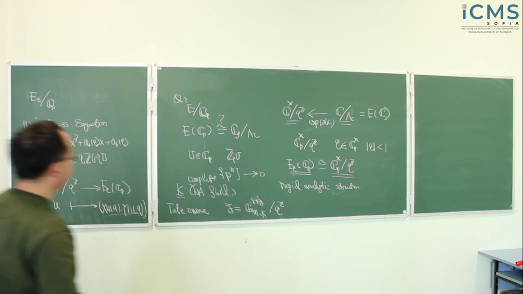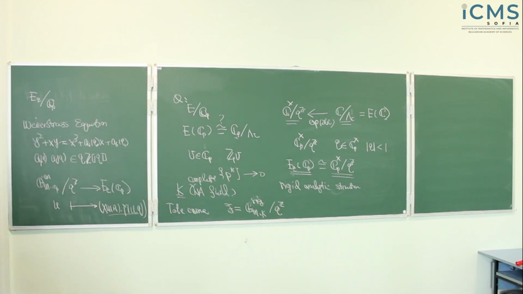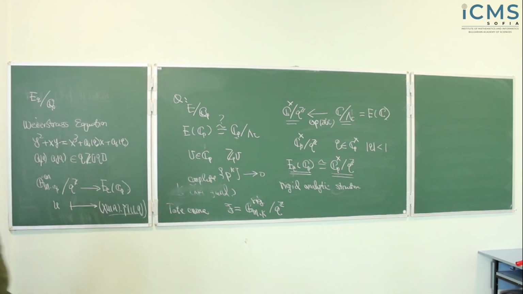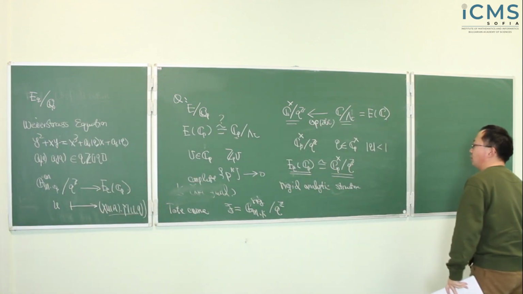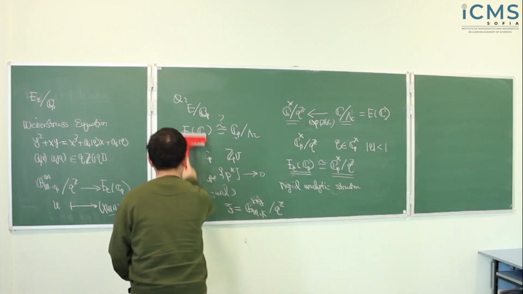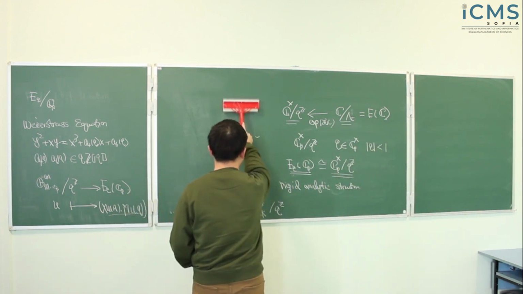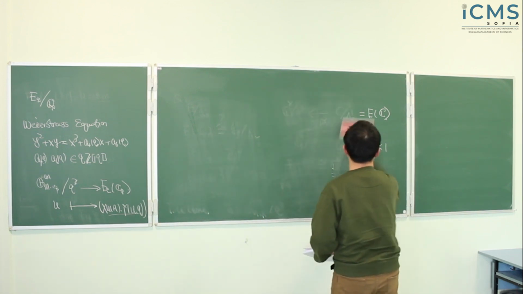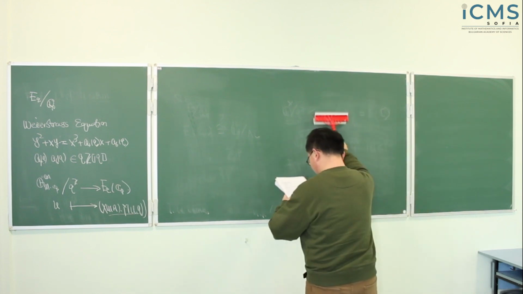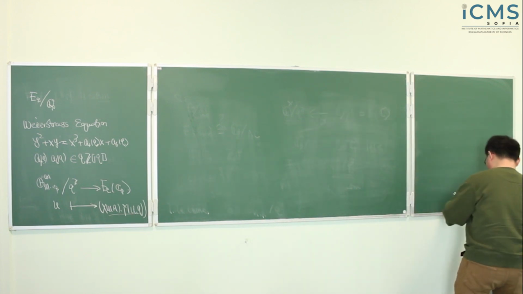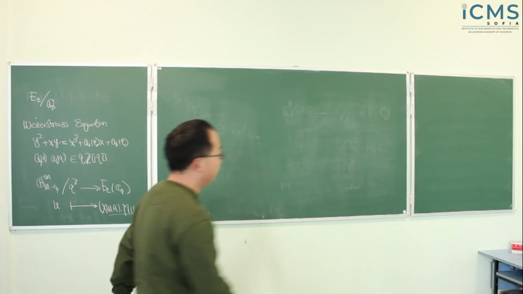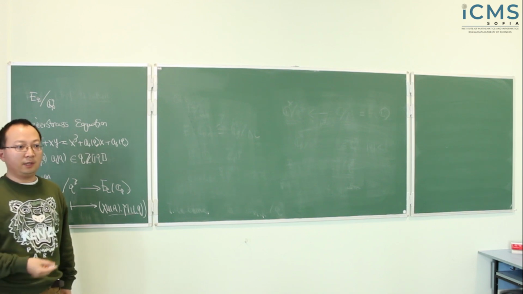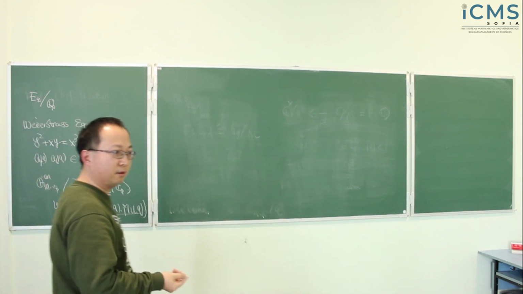So unfortunately, it's unlike the complex case. In the complex case, we know that for any elliptic curve we have a complex uniformization. But in the non-Archimedean case, this is not true.